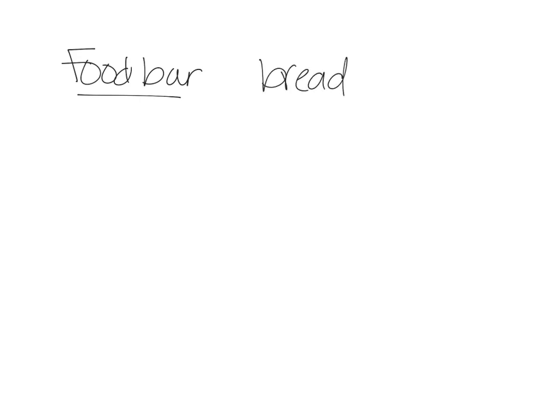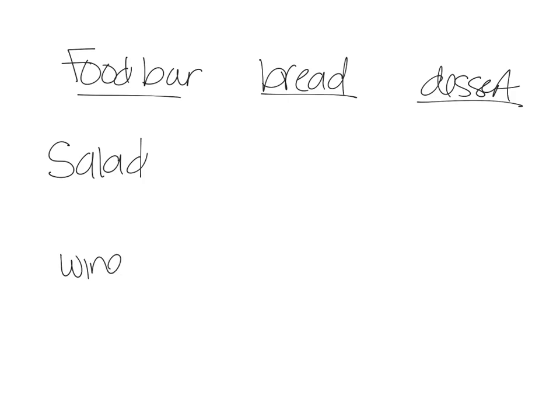All right, so our first choice is which food bar are we going to choose from? Then which type of bread? Then dessert. So I'm going to leave myself quite a bit of room because it tends to get kind of squished in there. So I can choose between the salad bar, the wing bar, or the soup bar.